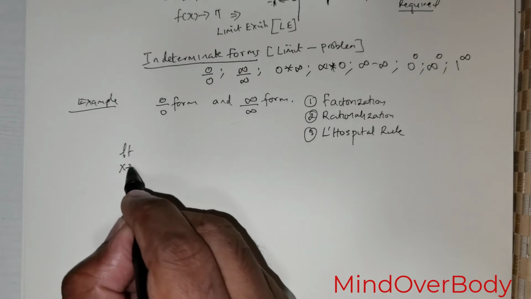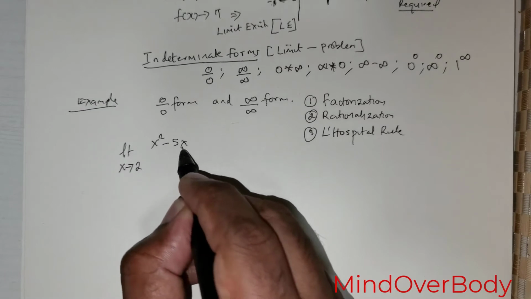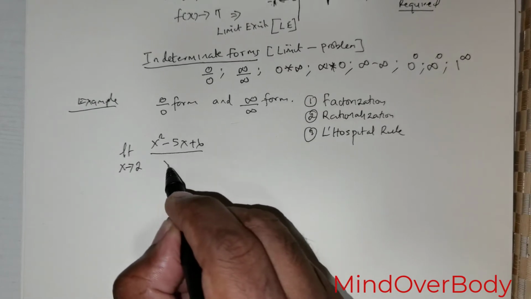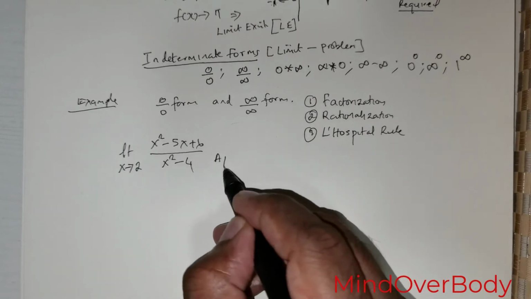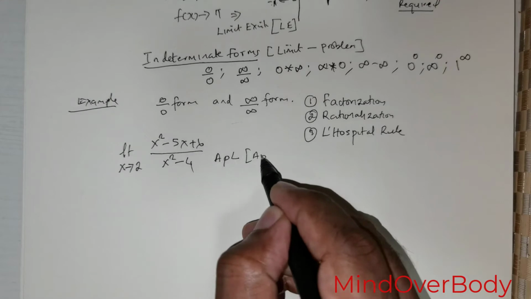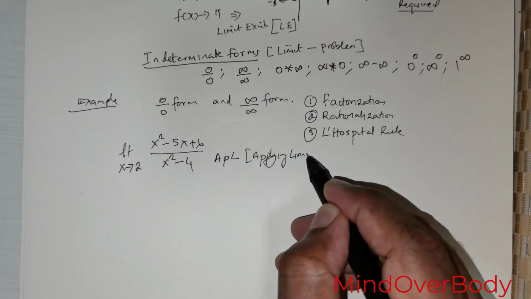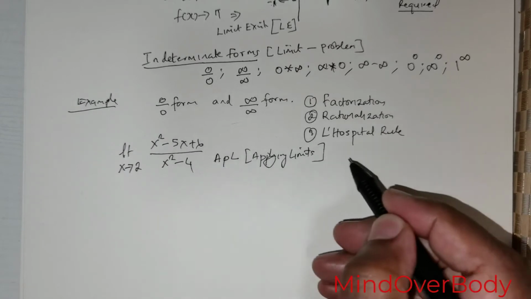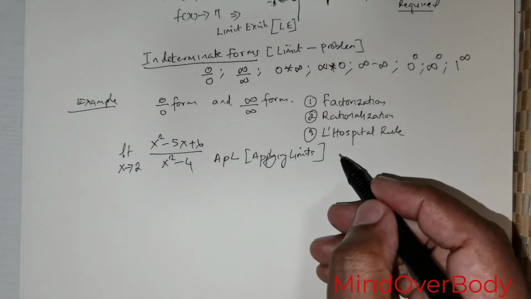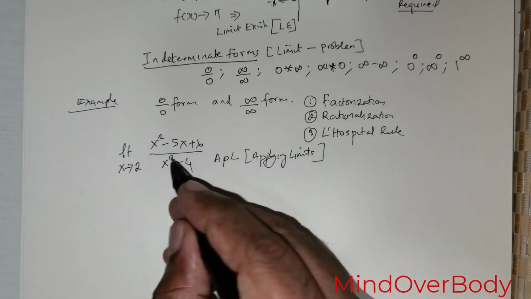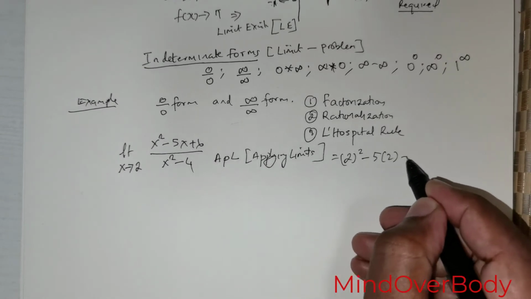We are expected to find the limit of this function x squared minus 5x plus 6 divided by x squared minus 4. So this is what is given. Now the first thing that we need to do is APL. Now APL stands for applying limits. So if you were to apply limits, what would you get? In place of x you have to substitute 2, and that's exactly what I'm doing.